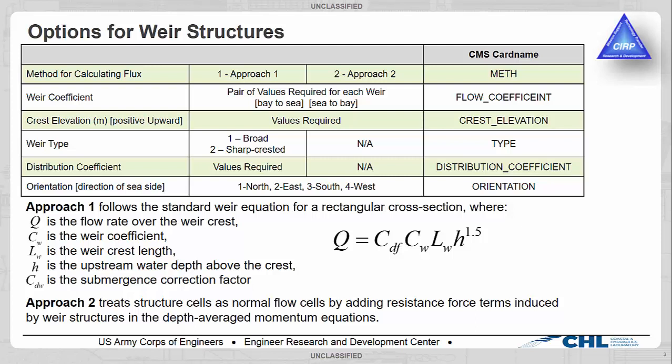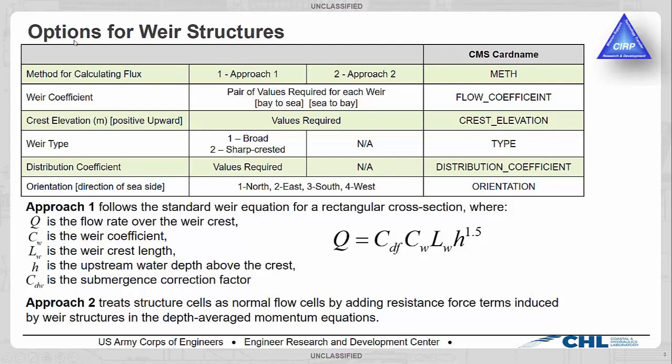The first one is the weir structures, and there are a few different parameters needed for defining these. I've given a little table here that separates these different types out, giving you the card name in the parameter file that we'll need to work with and add to define the different parameters.